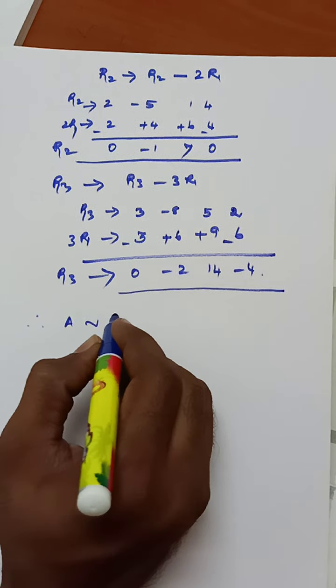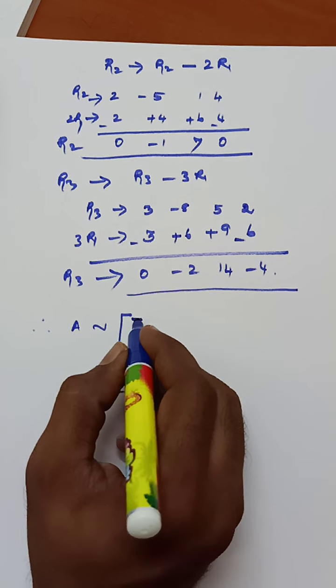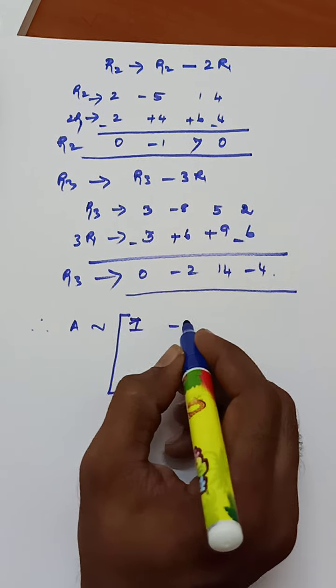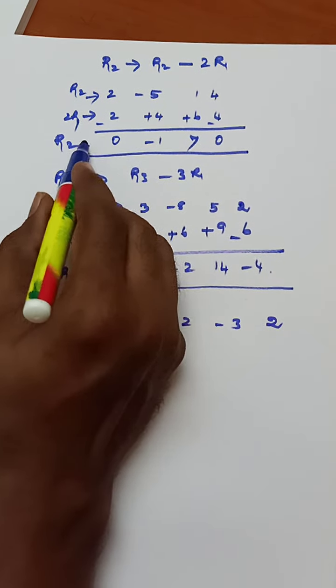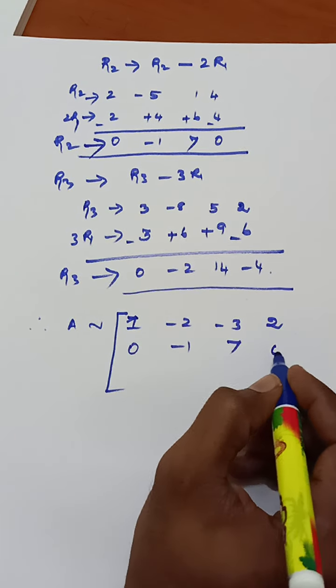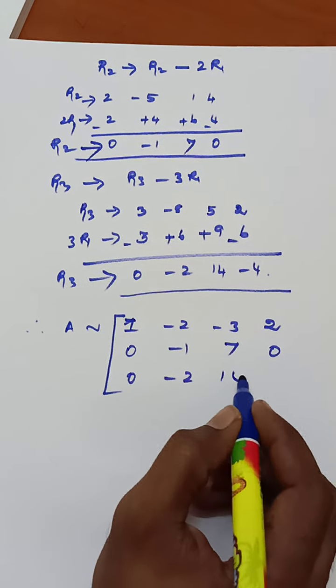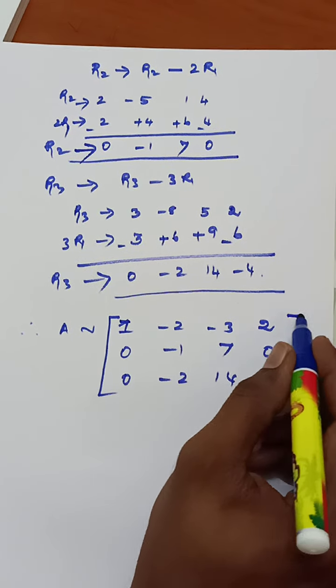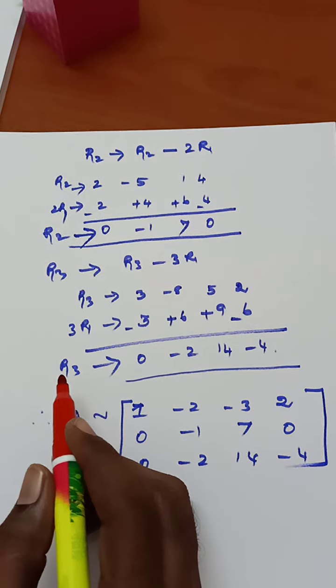Therefore A is equivalent to your R1 with no change, that is 1, minus 2, minus 3, 2, and your R2 is 0, minus 1, 7, 0, and your R3 is 0, minus 2, 14 and minus 4. So the first two places have 0.